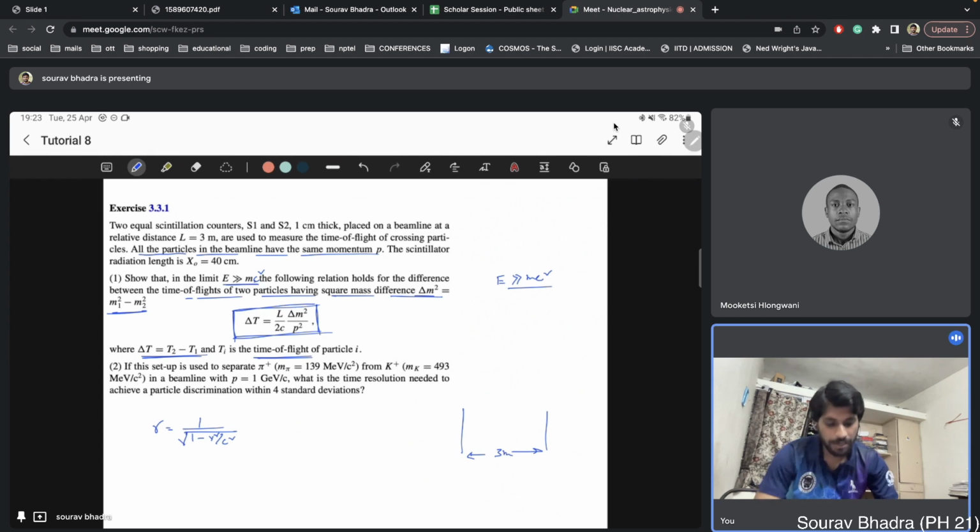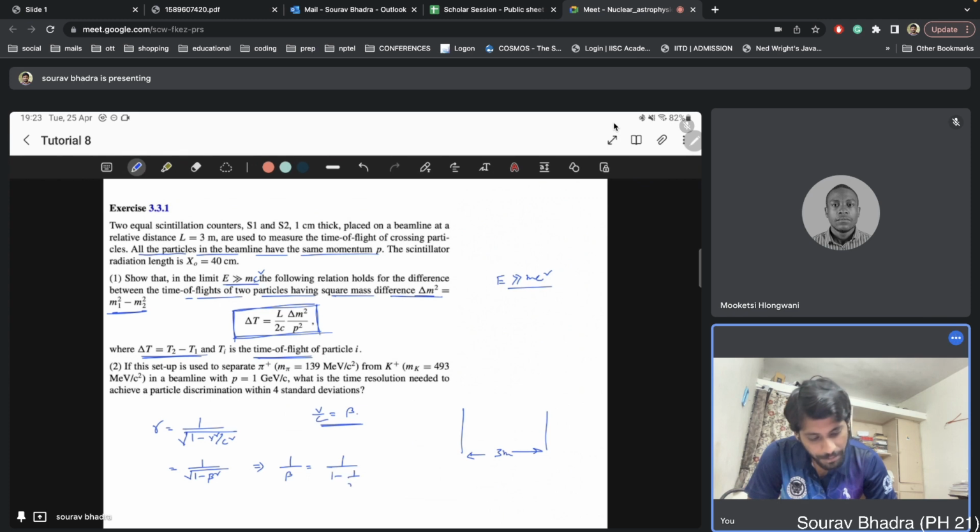We also express v by c as beta, called the beta factor. So gamma is 1 over the square root of 1 minus beta square, and from here you can also write 1 by beta as the square root of 1 minus 1 by gamma square.